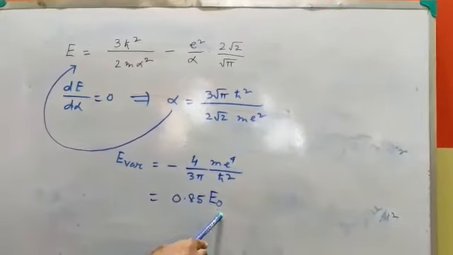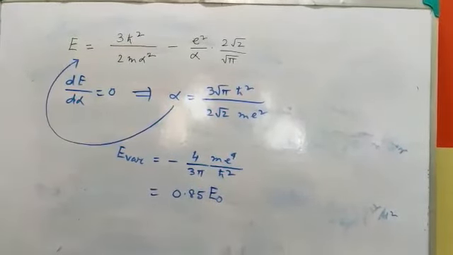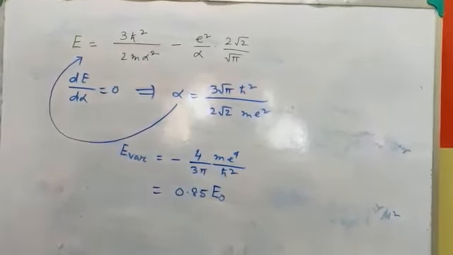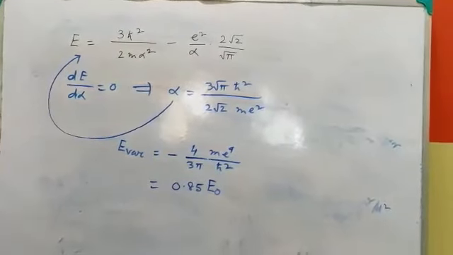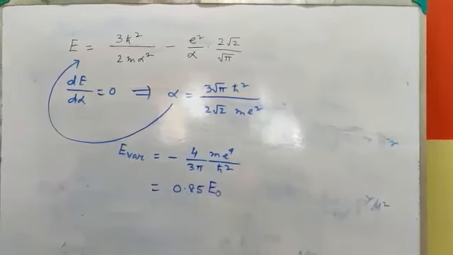This is the exact ground state energy E0 value of hydrogen atom. But if we take a trial function like what we have taken, we get energy value 0.85 of the exact energy.